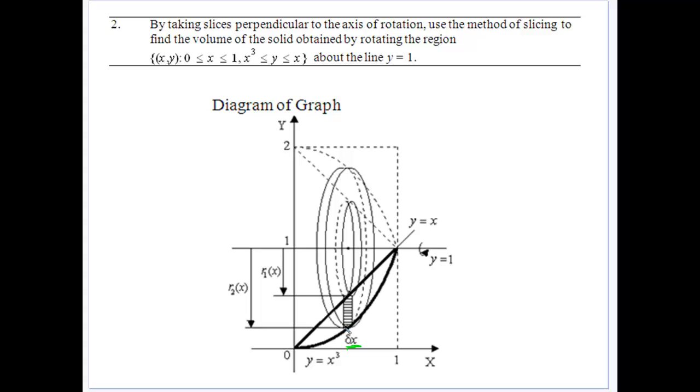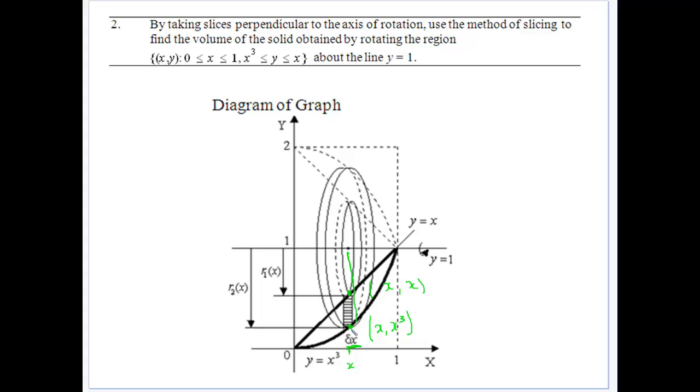So this time, if we take a point x and go across, we're going to get two different points, and we're going to have to manipulate that to get the radii of our circle. So if it's the point x there, that would be the point x, x cubed. They've both got the same x coordinate. To get the radii of both, if it's x there, that would be x, x, because it's on the line y is equal to x, and x cubed is the point on the line y is equal to x cubed.